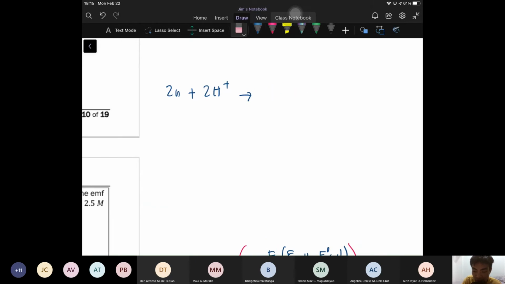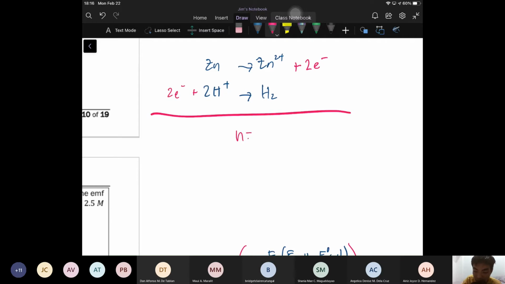So may H2, zinc 2 plus, zinc. Balance natin. So on the top equation, 2 electrons sa product side. On the bottom equation, 2 electrons sa reactant side. So that means n is equal to 2 electrons.